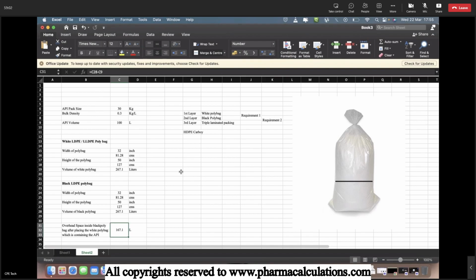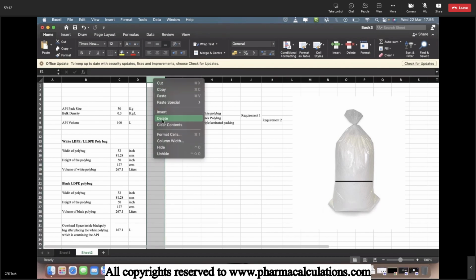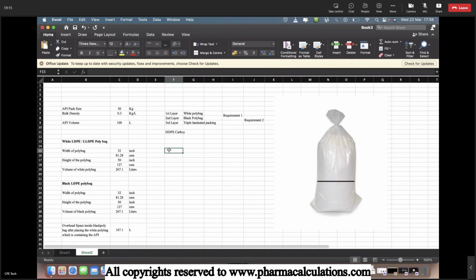Before going into that, we need to understand what is the amount of moisture that is available in the air in a worst case scenario. That is nothing but 100% RH. As the relative humidity in the air increases, automatically the moisture present also increases. So I am going to take 100% RH as the worst case.